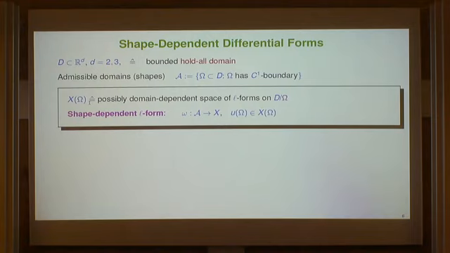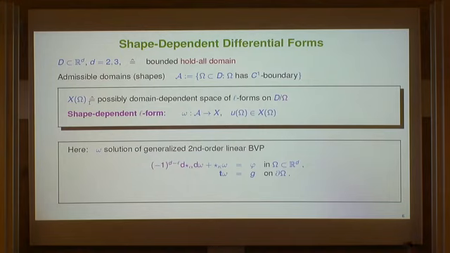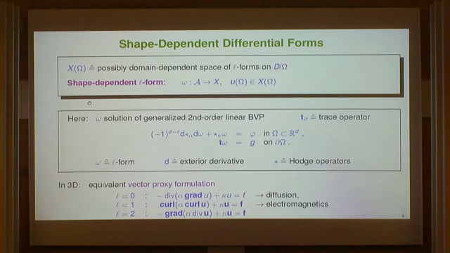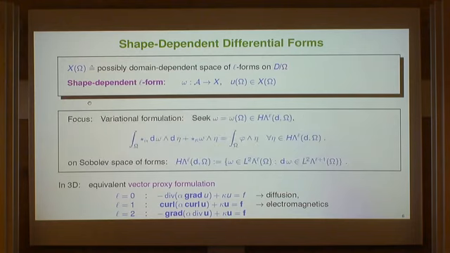So this one. And this gives us a shape-dependent differential form as a solution. For instance, this one, call it the Dirichlet boundary value problem, and concrete incarnations we have seen. And of course, these boundary value problems, when you look at them from a rigorous perspective, the most convenient understanding is in a weak form.